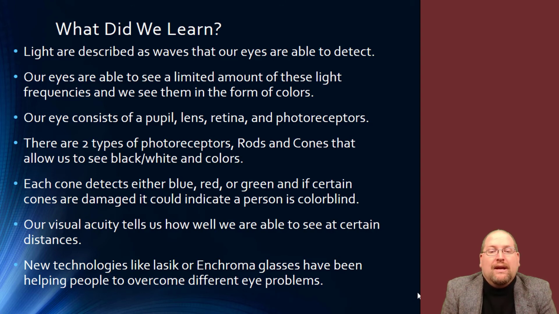Our visual acuity tells us how well we are able to see at certain distances to determine our vision quality, whether we're nearsighted or farsighted. And new technologies such as LASIK surgery and chroma glasses have allowed people to overcome some of these eye problems, whether it's nearsightedness or color blindness.